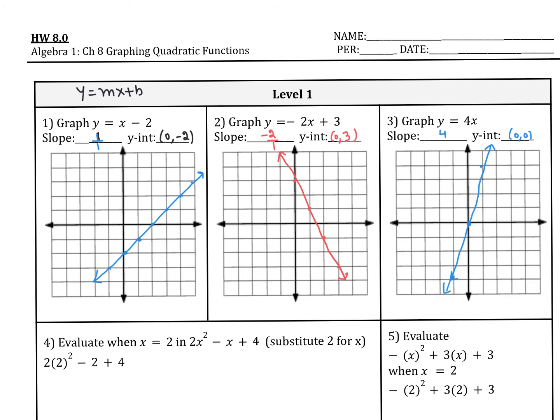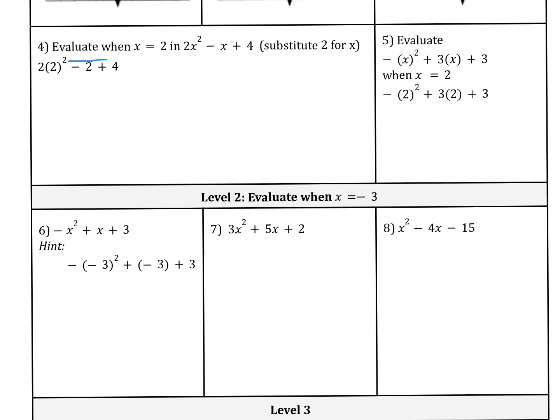So for number 4, you're going to evaluate the function when x equals 2. So you're going to substitute the 2 for x. This is the example hint, and you're going to use PEMDAS. That means do the exponent first, then multiplication, then add or subtract from left to right.